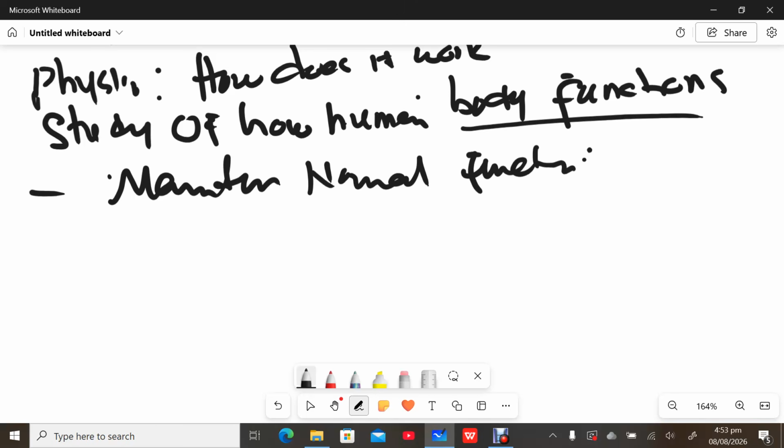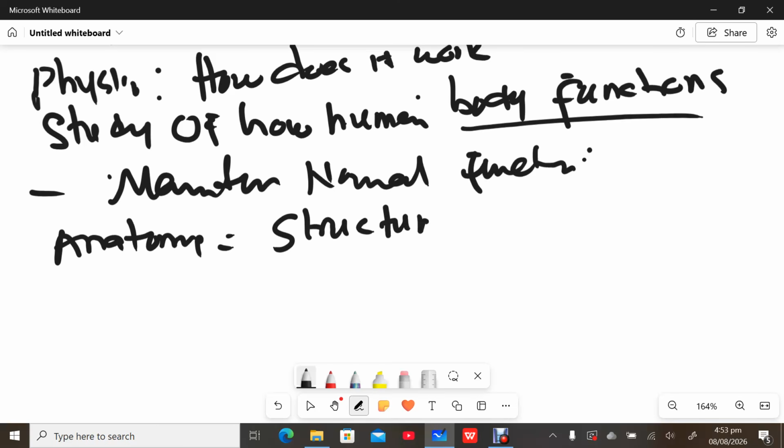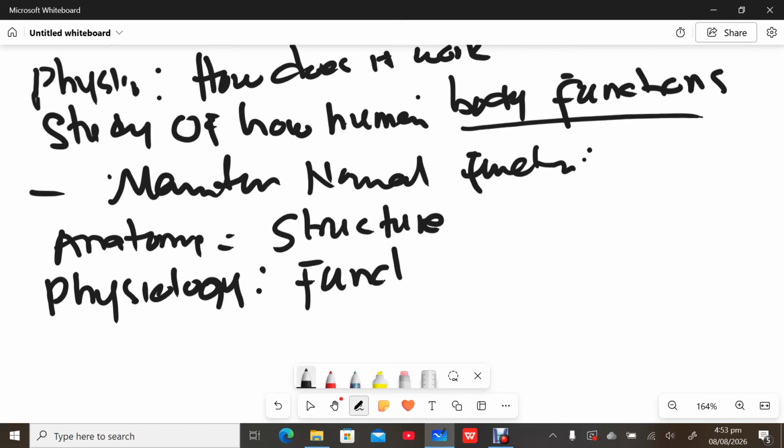So this is all about physiology. So remember, anatomy is structure. Then physiology, you're simply dealing with the function of an organ.